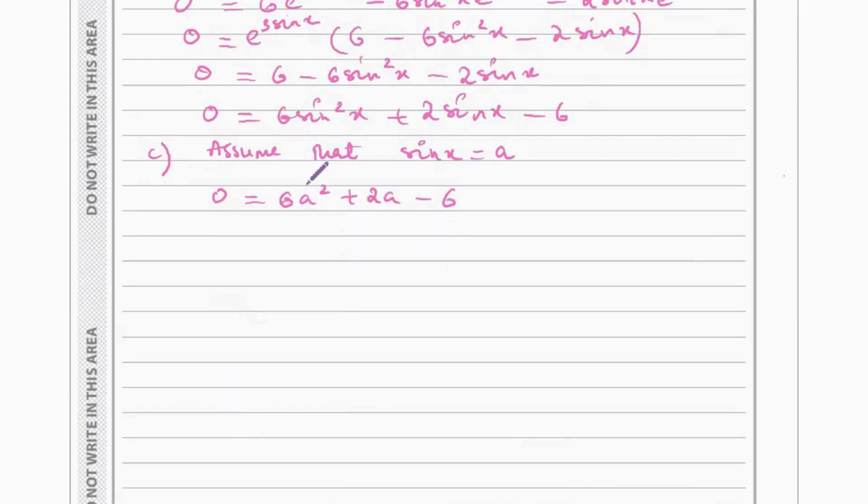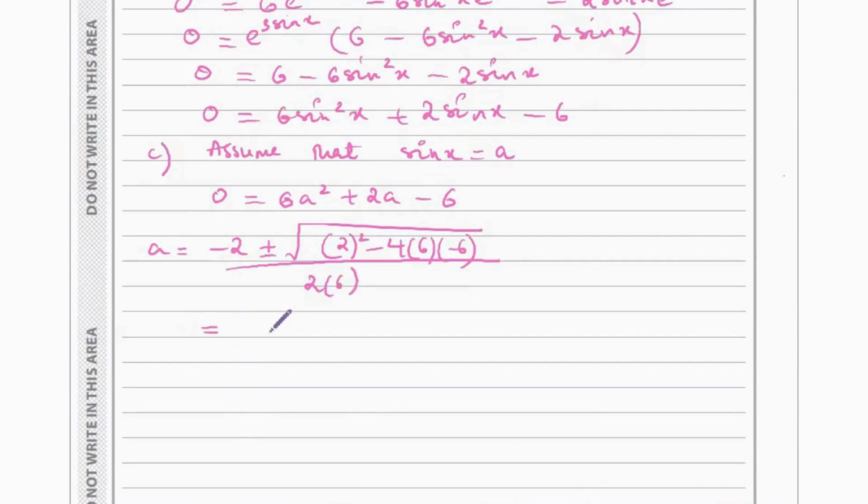Since in the question it said decimal places, that means we cannot use splitting the middle term, so we'll directly use the quadratic formula. So a equals minus 2 plus minus root of 2 squared minus 4 times 6 times negative 6, over 2 times 6. That's going to give us negative 2 plus minus root of 148 over 12.